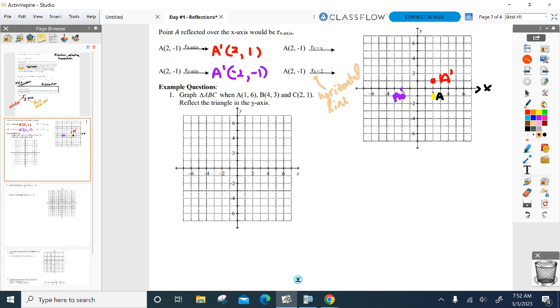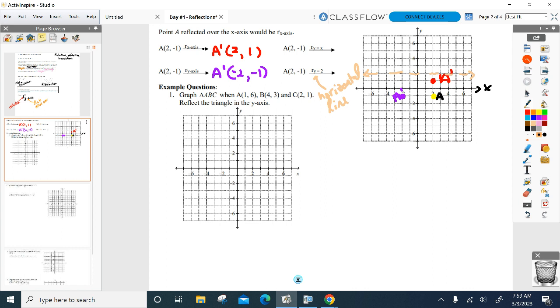So everyone go to 2 on the y-axis. Horizontal line going through 2. This is what I'm asking you to reflect over. If it's y equals a number, you're reflecting over a horizontal line.